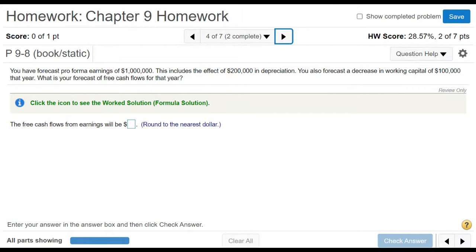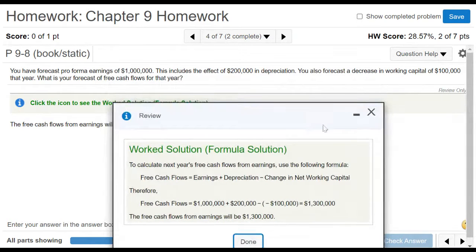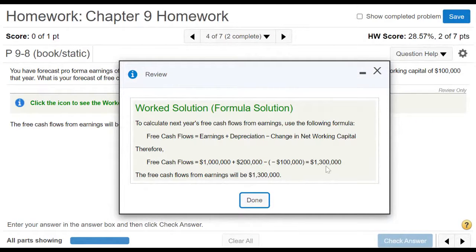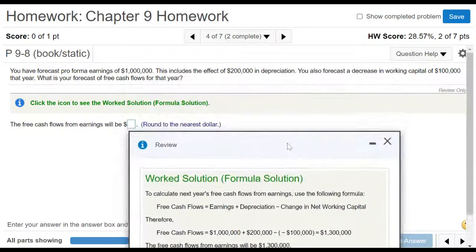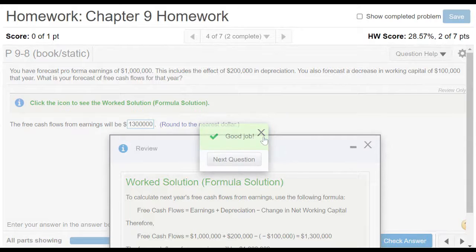So it's 1,200,000 and you have a double negative, which means that the amount gets increased. So it becomes 1.3. Free cash flow is earnings plus depreciation, subtract change in net working capital. However, the net working capital decreased, so it becomes a double negative and you add it on. So the answer is 1,000,000. And that's it.